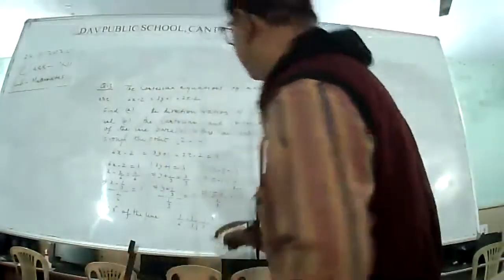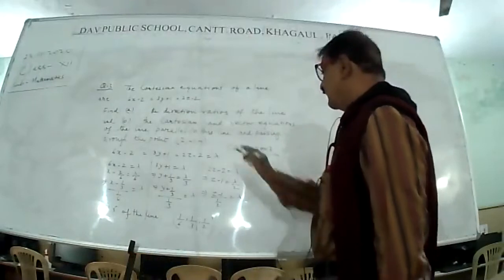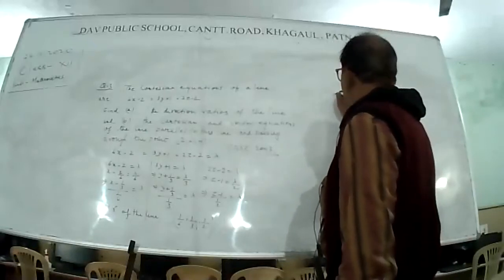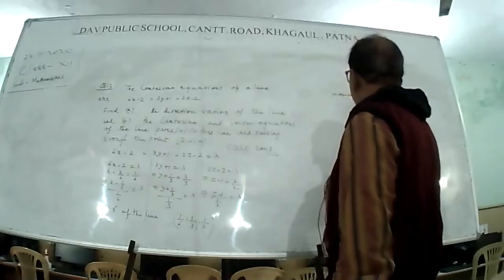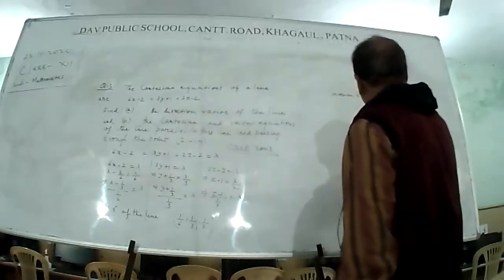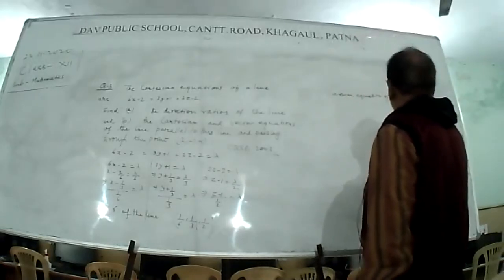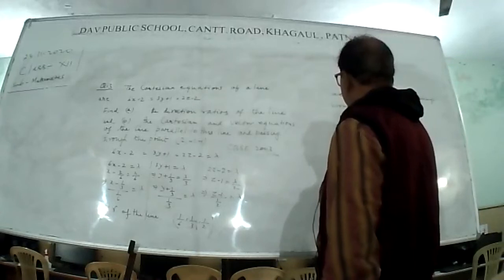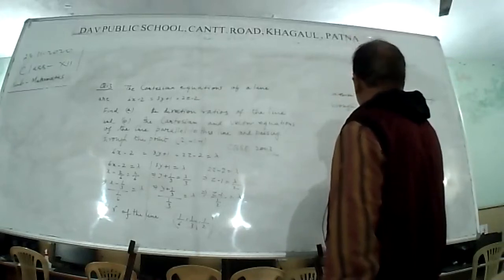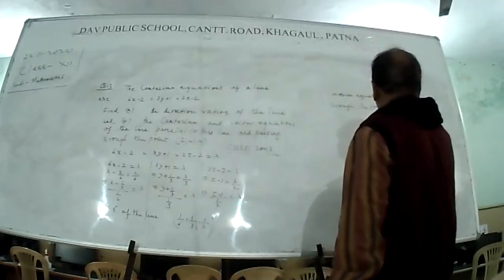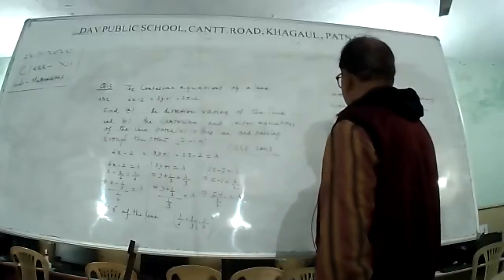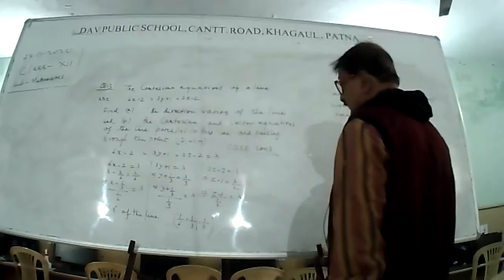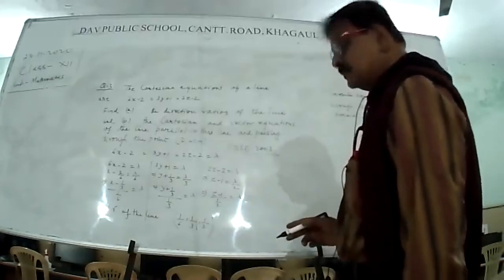Since we have to find the Cartesian and vector equation of the line parallel to this line and passing through the point 2, minus 1, minus 1, obviously the direction ratios do not change.